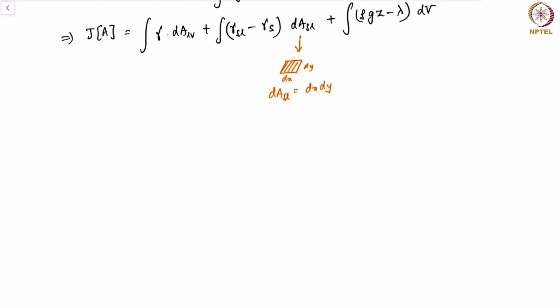Okay. The elemental area, this is on the curved interface of the droplet, and so therefore we can write down this expression, this area, to be dA liquid vapor is the dA liquid vapor magnitude.